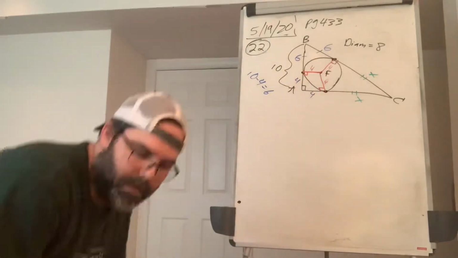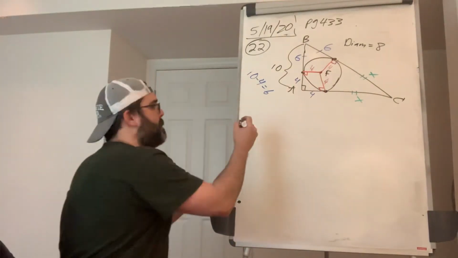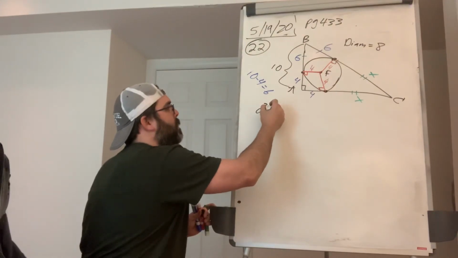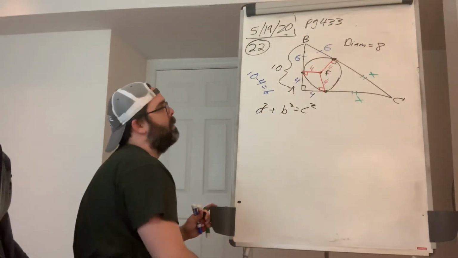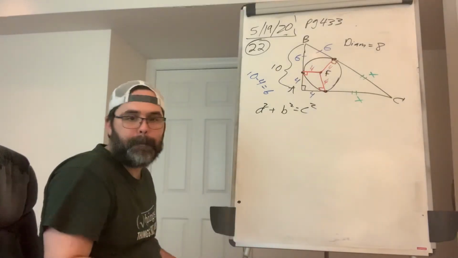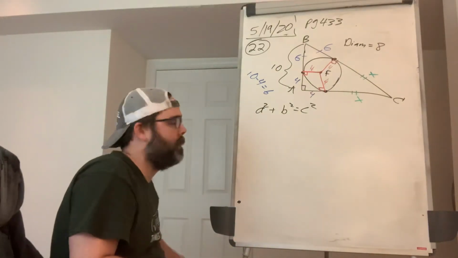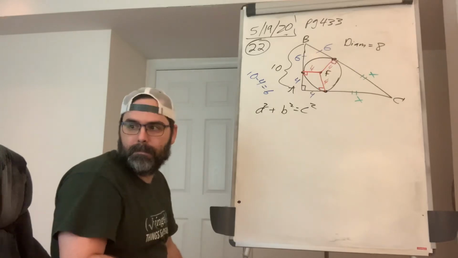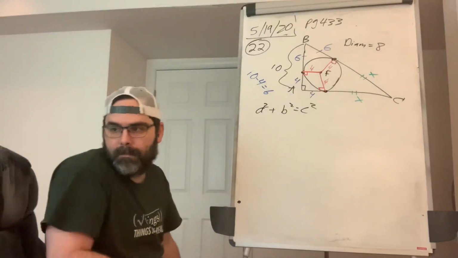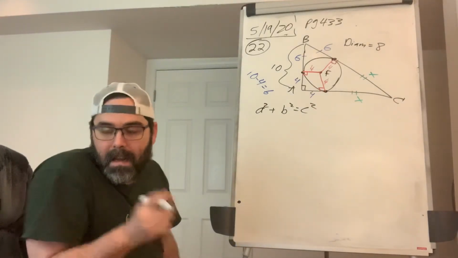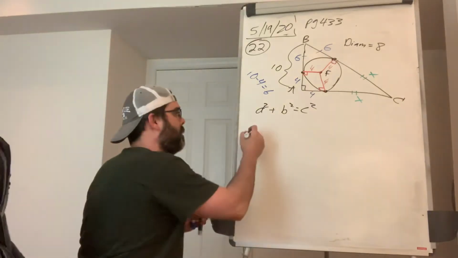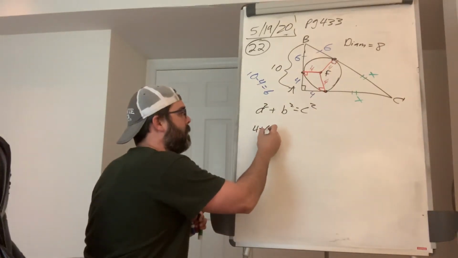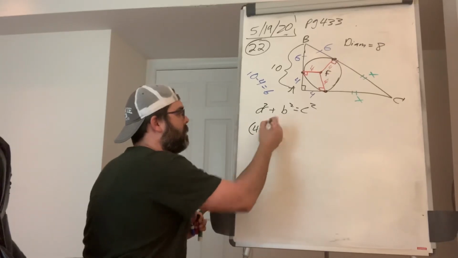I'm going to use the Pythagorean theorem. So the Pythagorean theorem says a squared plus b squared equals c squared. Okay, what is a? A is 10. I'm going to break it up into 4 plus 6. It's the same thing as 10, right? All right.